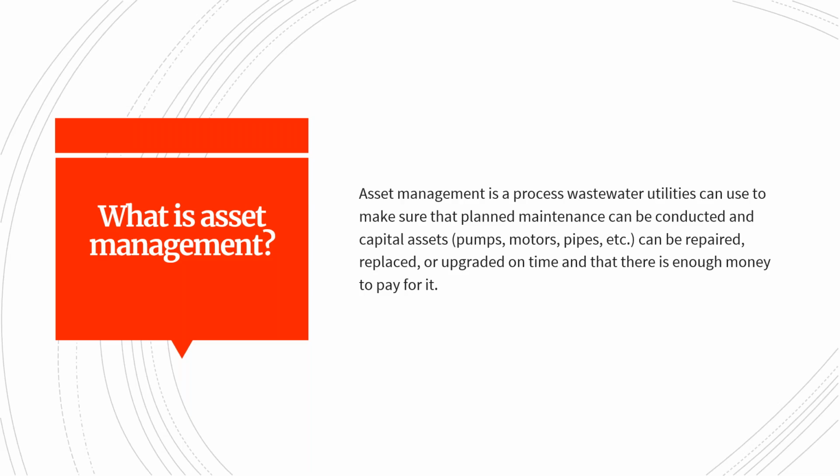Many utilities use asset management to pursue and achieve sustainable infrastructure. A high-performing asset management program includes detailed asset inventories, operation and maintenance tasks, and long-range financial planning. Each utility is responsible for making sure that its system stays in good working order, regardless of the age of its components or the availability of additional funds.